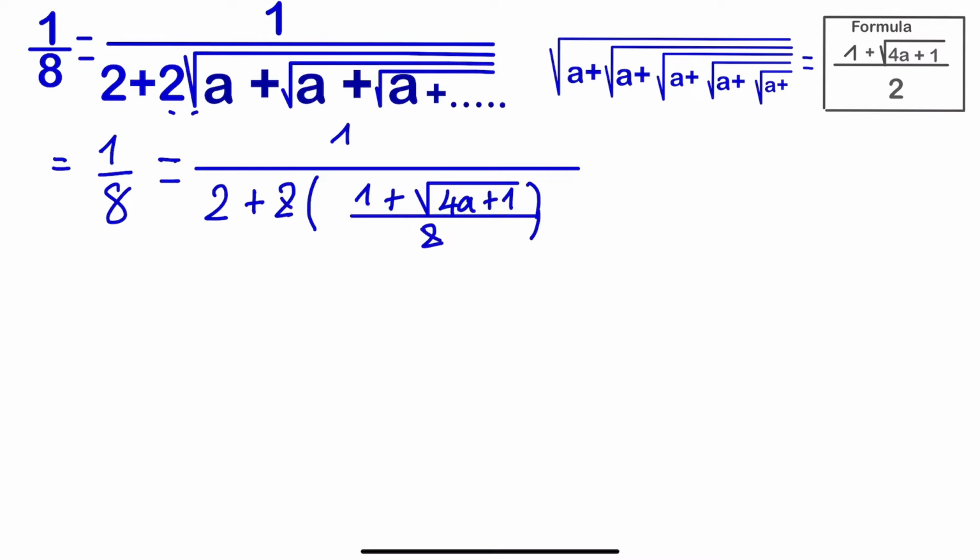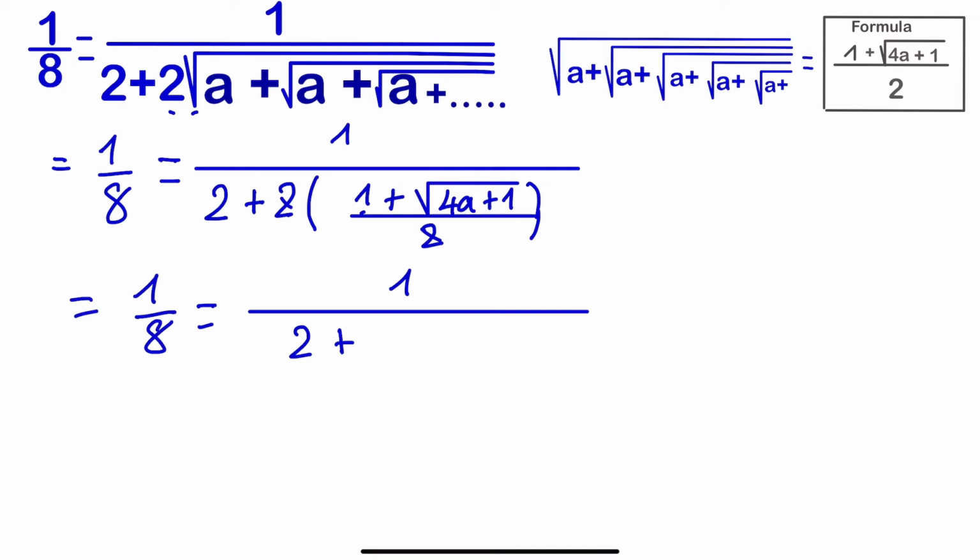So we'll be left with 1 over 8 should be equal to 1 over 2 plus, because these two cancel out, we'll be left with this 1 plus the square root of 4a plus 1. To continue further, this can be simplified to 3.